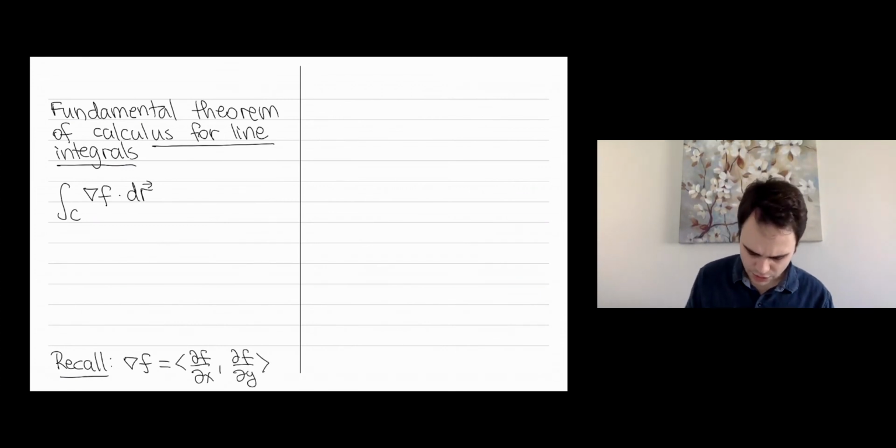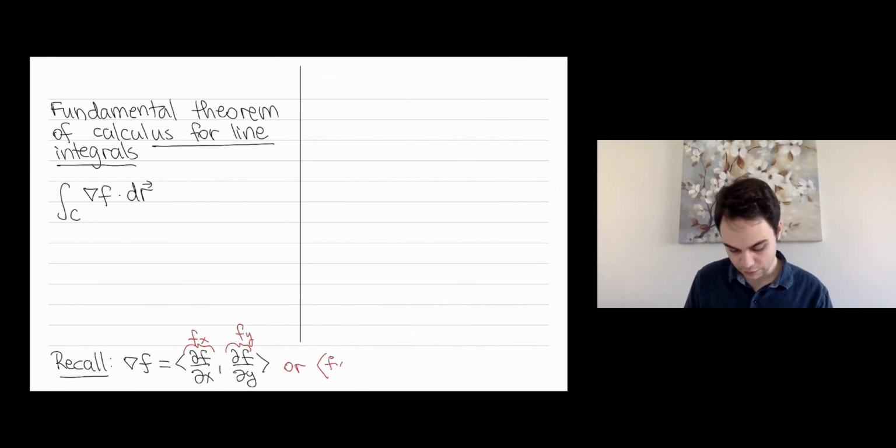In 3D, it's going to have 3 components. I'm getting lazy, so let me start introducing the shortcuts: this is f sub x, this is f sub y. In 3D, we have 3 partials, and we just put all of those in our vector.